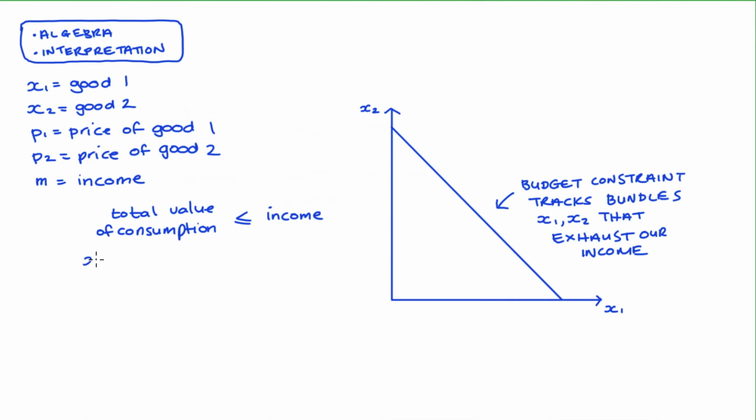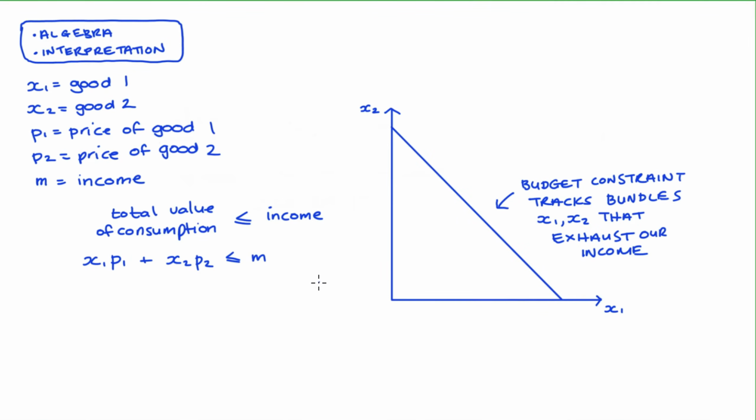Now, this amounts to the total amount that we spend on good 1, which is x1, how much of good 1 we consume, multiplied by its price P1, plus the whole amount that we spend on good 2, which is how much of good 2 that we purchase, multiplied by its price.